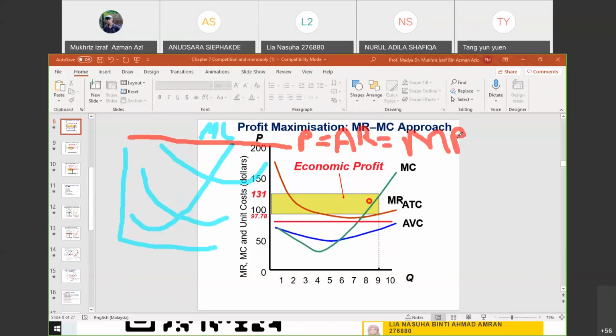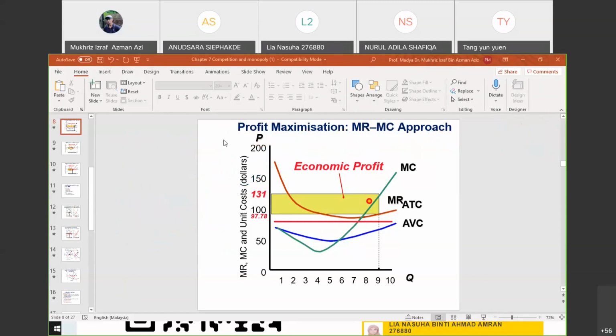I also mentioned that MR is also considered the demand curve. Sorry, not MR, my mistake. Let me do this again. For example, like this line. Whenever you draw the price line, the price is also equal to AR.